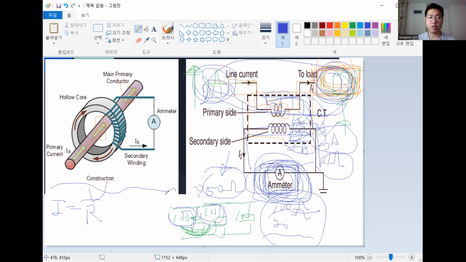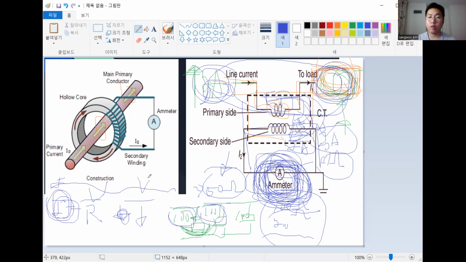What I'm saying is, look at that. As I said, if we add more load here, since it's parallel, it's going to be smaller, right? But as you know, in this current source system, the current is constant, right?